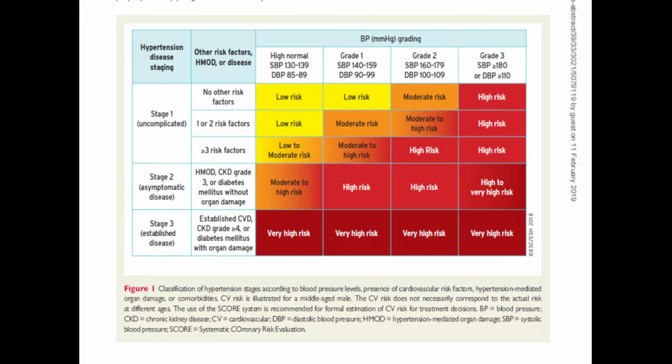In stage 2, asymptomatic disease, in high normal arterial pressure, we establish moderate or high risk because chronic kidney disease grade 3 or diabetes mellitus is present without organ damage, or hypertension-mediated organ damage.